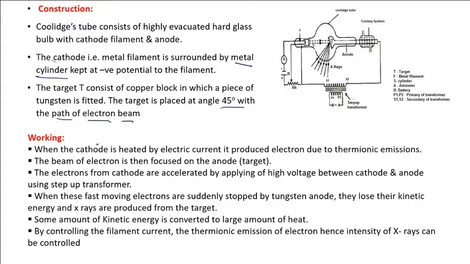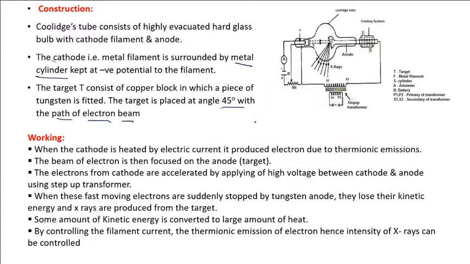So the working: the cathode is heated by electric current. Due to this electric current, electrons get emitted from the filament, from the cathode, due to a phenomenon called thermionic emission.